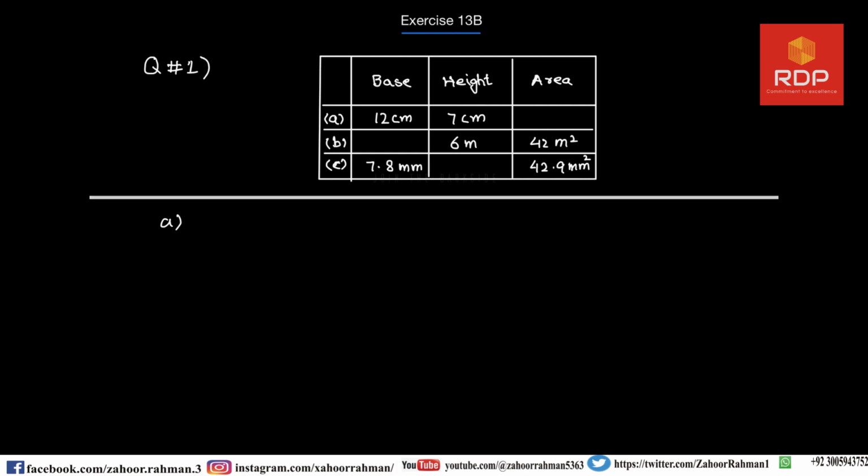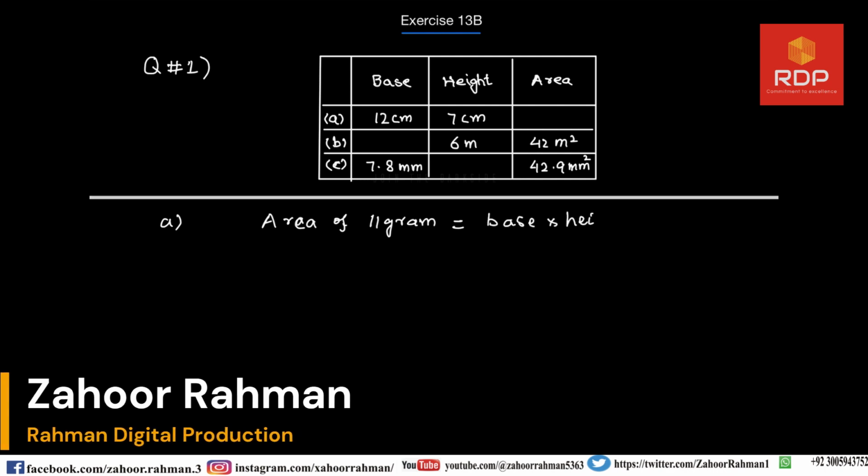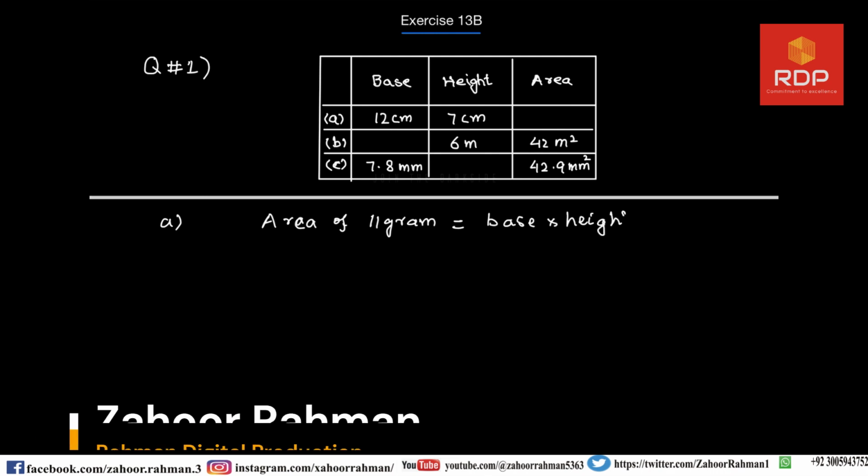We have to find the area, and the first one is easy as pie, because we know that area of parallelogram is equal to base into height, and both the values are given to us.